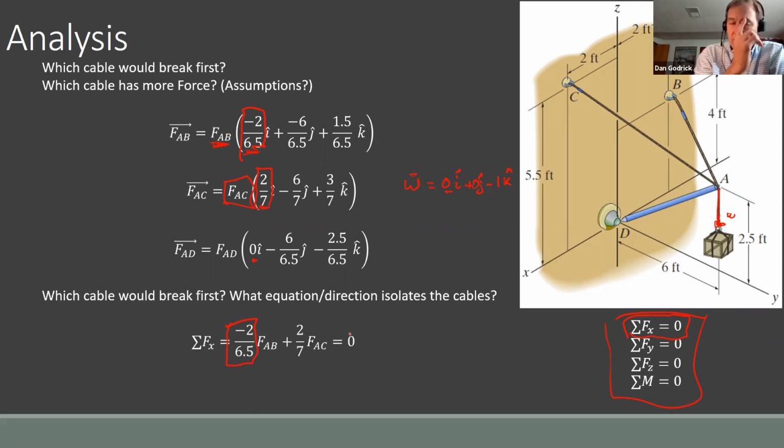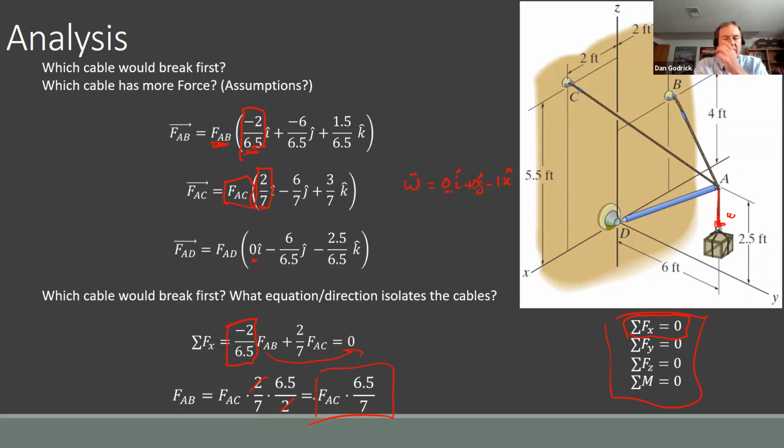We set that equal to 0. We do some algebra. We move the negative FAB over to the other side. Then we multiply by 6.5 divided by 2. And we see that FAB is FAC times 6.5 divided by 7.